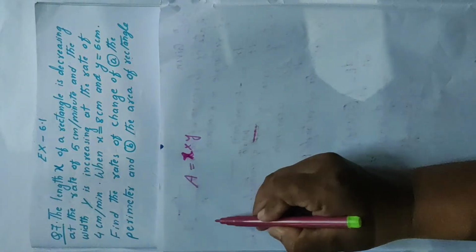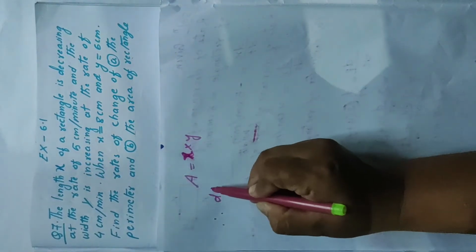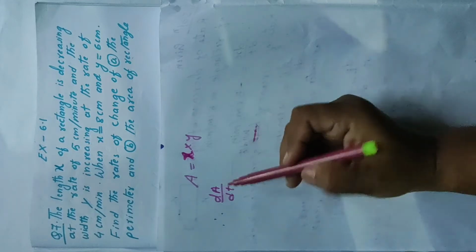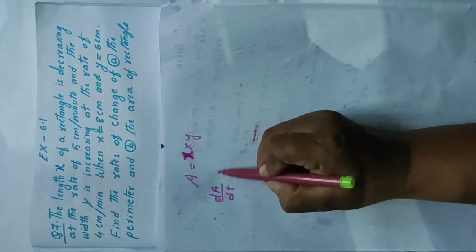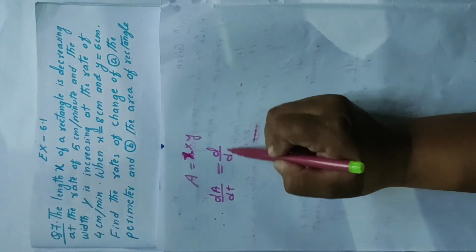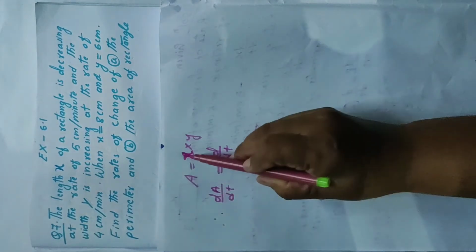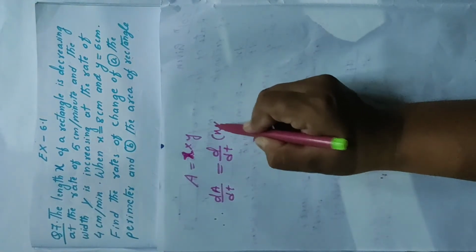Now the rate of change of area with respect to time is dA/dt. Now instead of A we can write x into y.